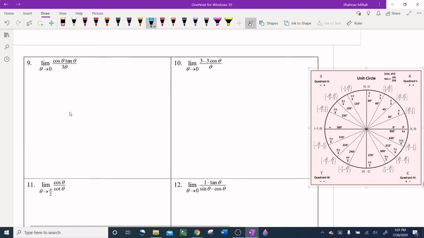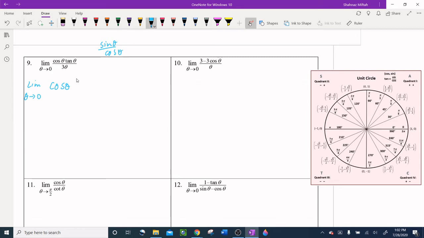question number 9. Now for question number 9, if you pay close attention, the tangent is not in the unit circle, so I have to use an identity no matter what. That's the thing, I have to use the identity. So I'm going to go limit as theta approaches 0, cosine theta is going to stay as it is, but the tangent identity is sine theta over cosine theta.